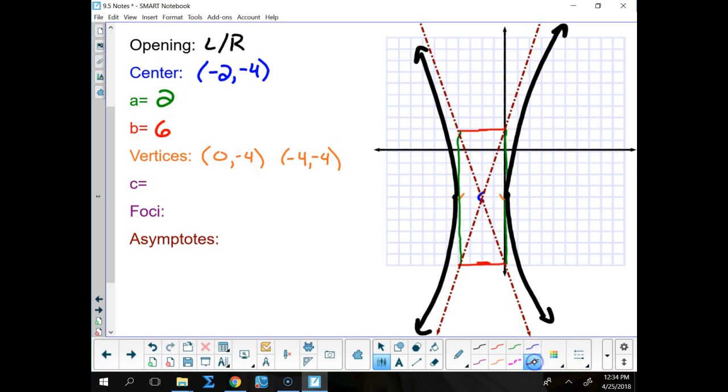Equations of my asymptotes are what? Y equals 3x. Which one is the positive one?